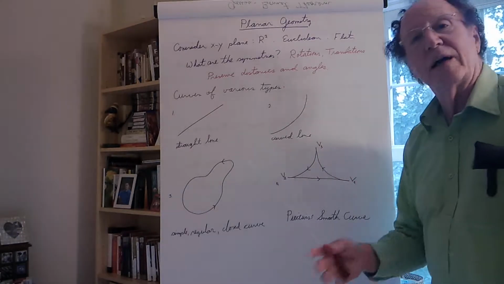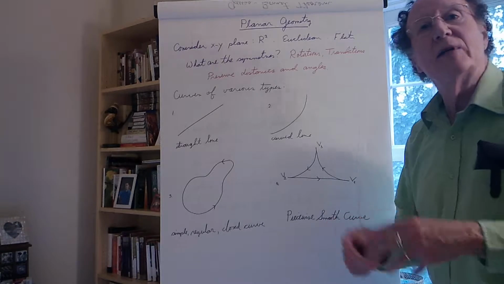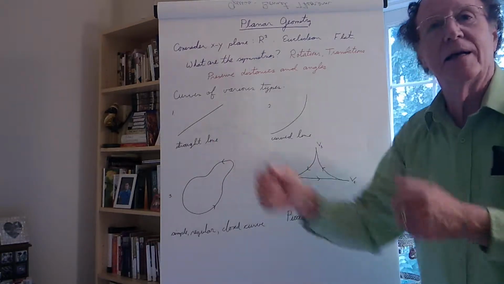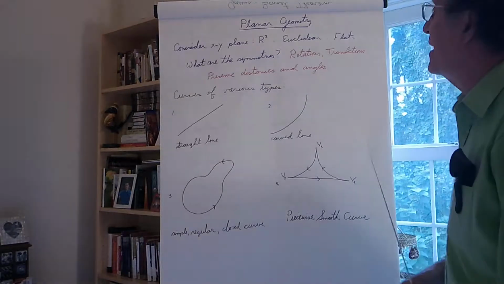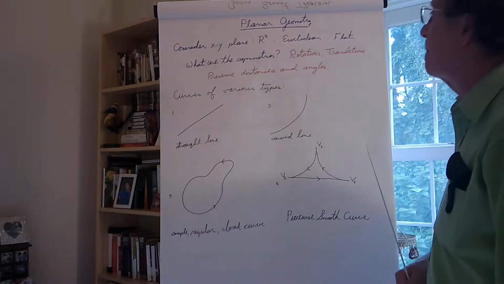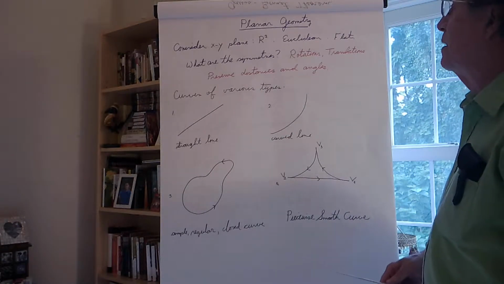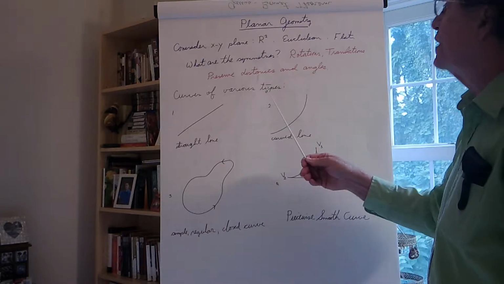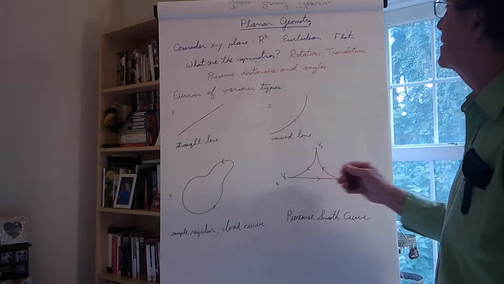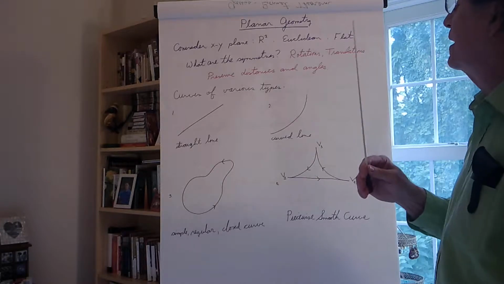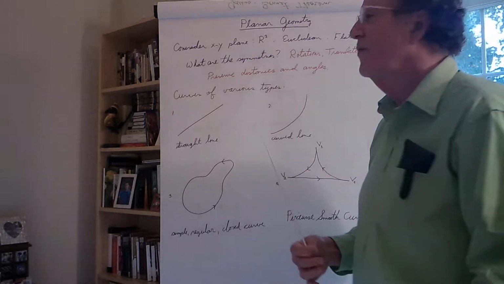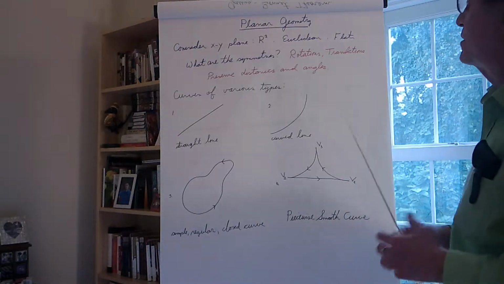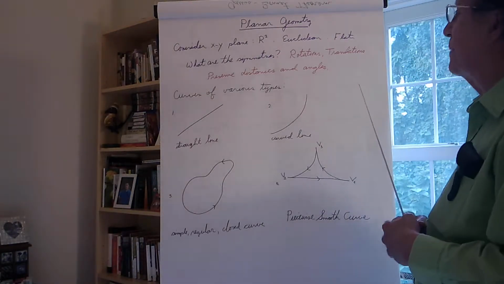If I construct an object in 2 dimensions, I can rotate it, I can move it, and it remains the same. The action of moving it preserves distances. If it preserves distances, it preserves angles. Angles are defined by distances, by the law of cosines, for example, and so I know the symmetries there.